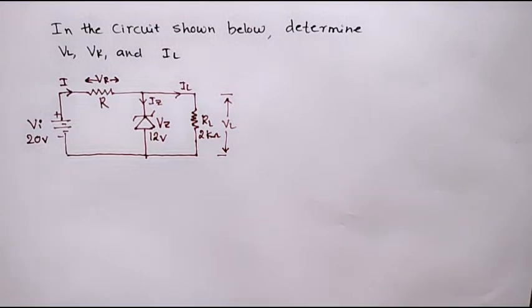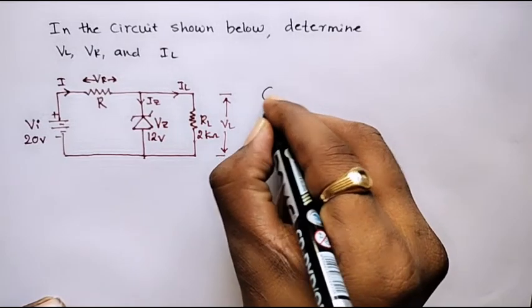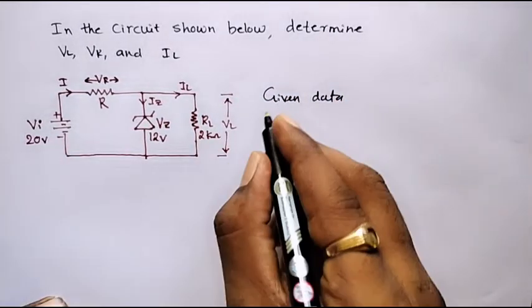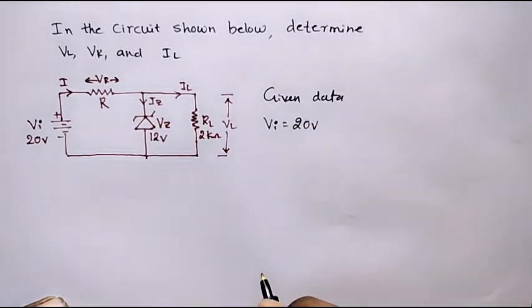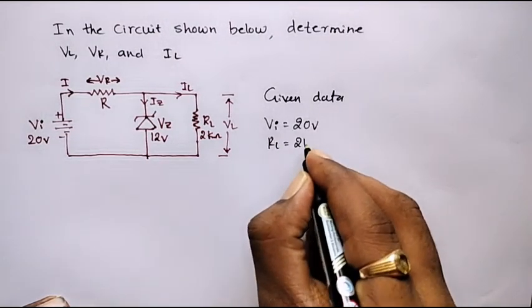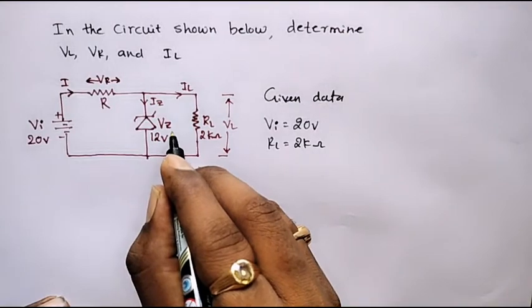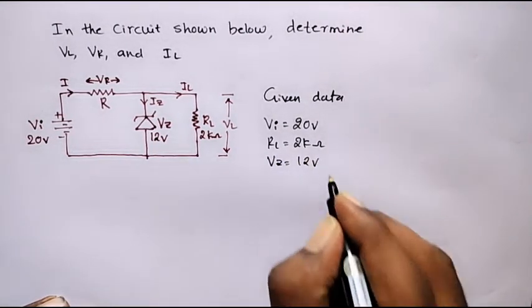So in this example, the given data are: Vi, the input voltage, is 20 volts. Load resistor RL value is given, that is 2 kilo ohm, and Zener voltage, that is Vz, is given, that is 12 volt.